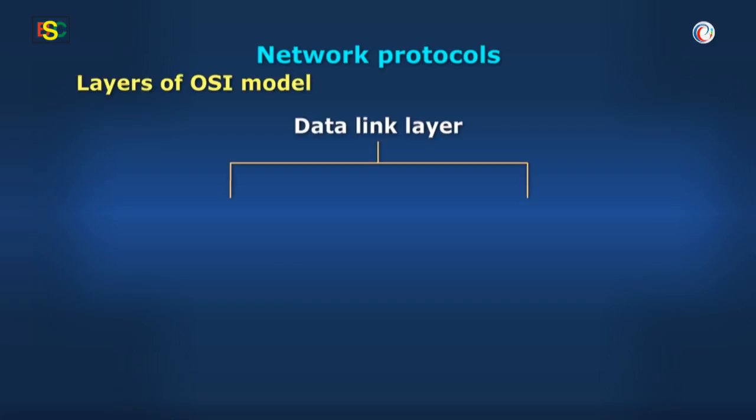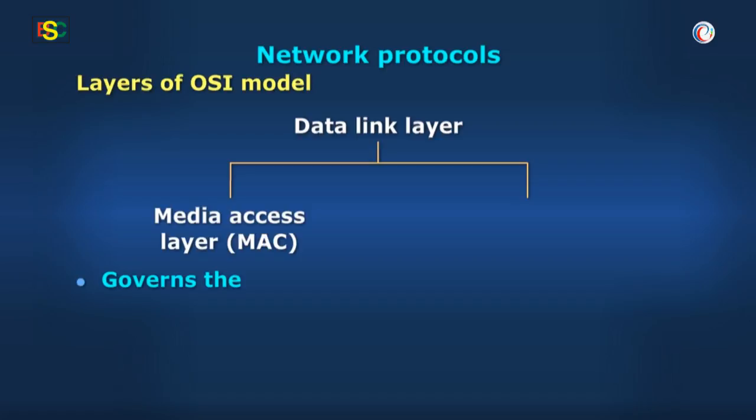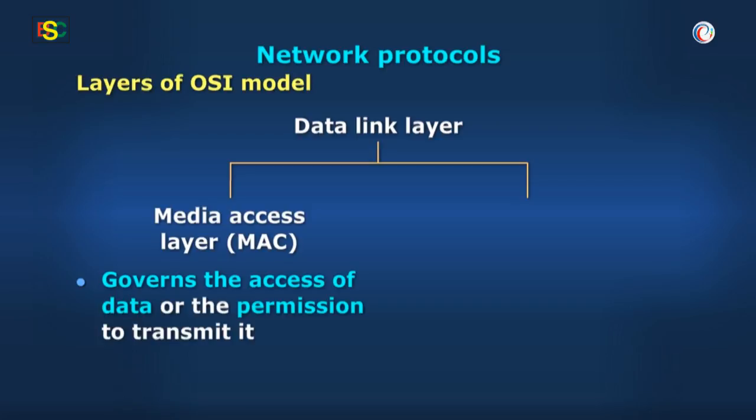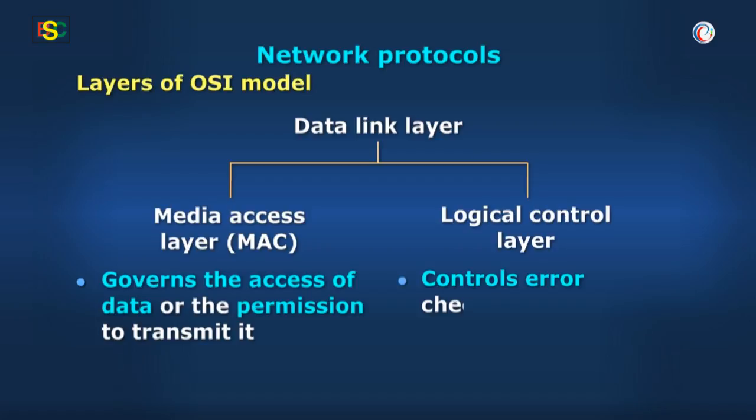Number 1, the media access control layer, MAC layer, which governs the access of data or the permission to transmit it by the devices over the network. Number 2, the logical link control layer, which controls error checking and packet synchronization.